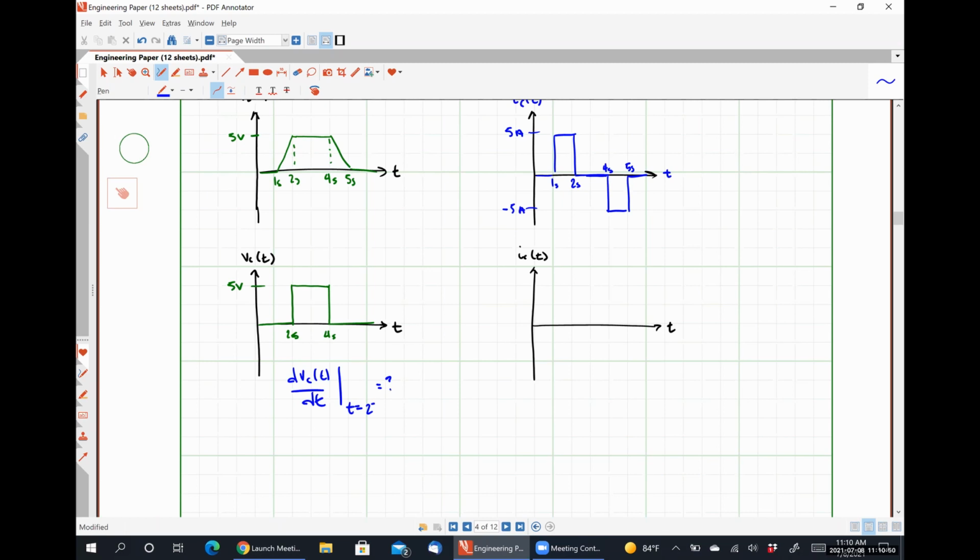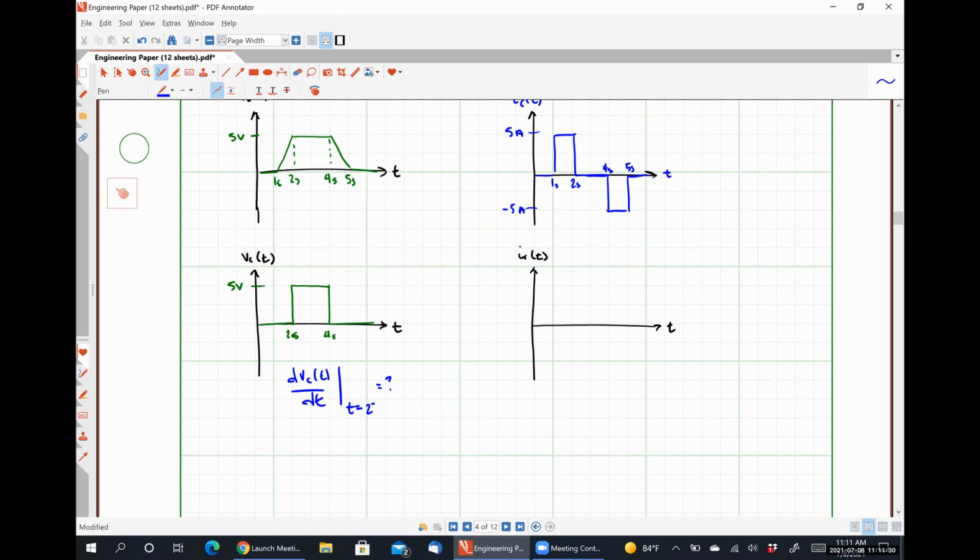What's my slope as we approach 2 seconds from the left? Should be just 0. Yeah, but I'm saying a fraction of a second before 2 seconds. Effectively, I want to know what my slope is here, right? So it's my change in voltage, which is 5 volts, divided by my change in time, which is infinitely small. So what's my derivative?